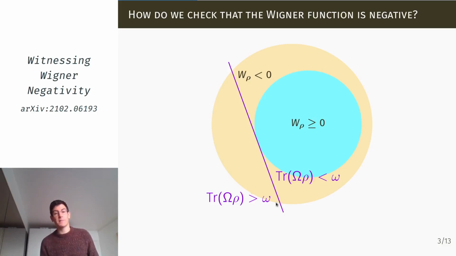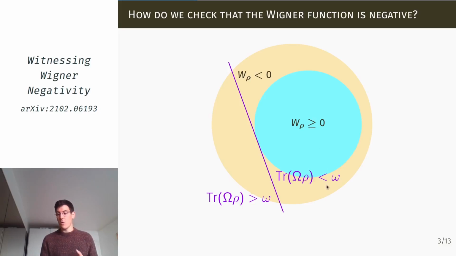So if the expectation value of your witness with any quantum state is greater than little omega, then you're certified that your state is Wigner negative, because you're in this blue region. Note that if you're less than little omega, then you can only say that your witness won't be able to detect Wigner negativity, because your state may be Wigner positive or Wigner negative.